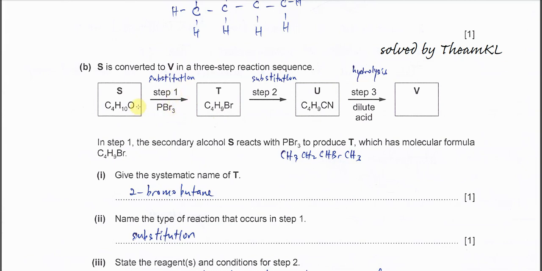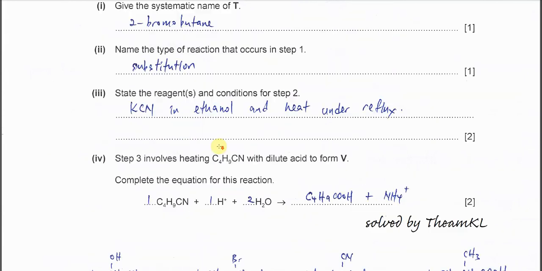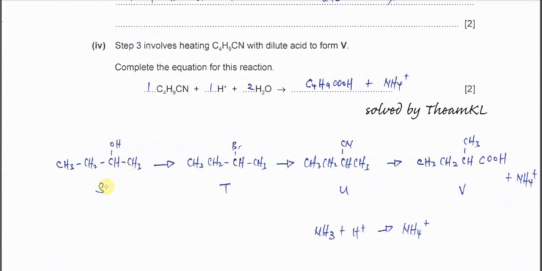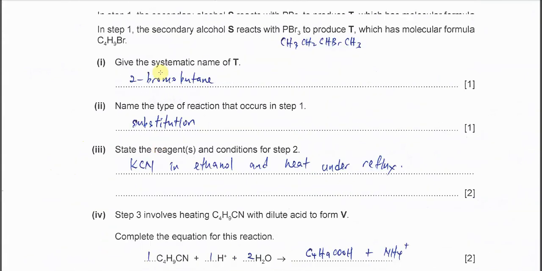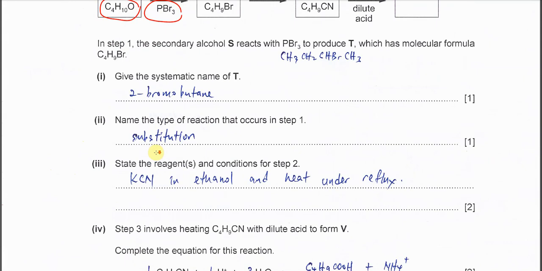We know that alcohol is now formed into halogenoalkane. It must be a substitution. It's better I use this to explain. Okay, this is the secondary alcohol just now, butan-2-ol, and the OH after the PBr3 is added.